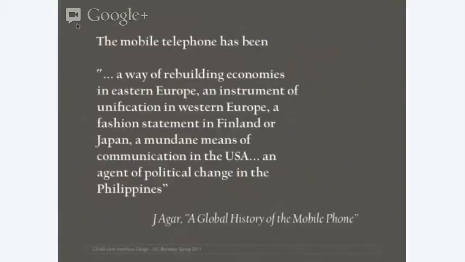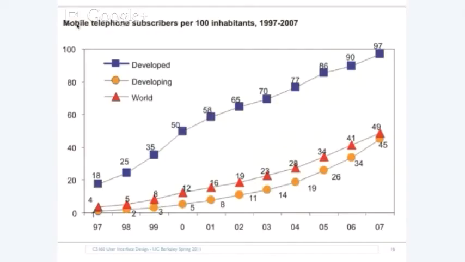And then, of course, since then, mobile computing has been one of the major technological drivers of change societally in general. If you look at these graphs, even in 2007, the developing world was rapidly approaching one mobile phone per person.